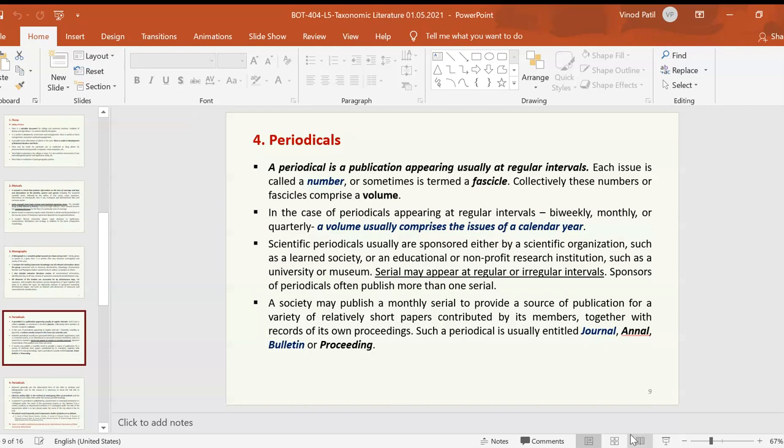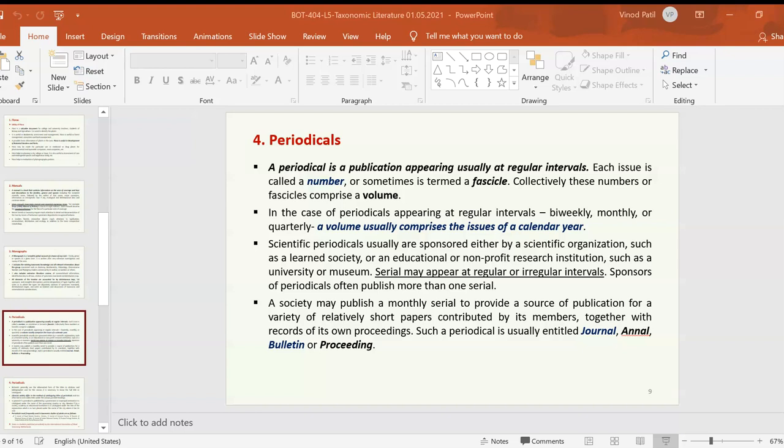Now periodicals. As the name suggests, periodicals are just like monthly magazines, because these are published timely. A periodical is a publication which appears usually at a regular interval of time. For example, if it is published monthly, then it's a monthly magazine or a periodical.